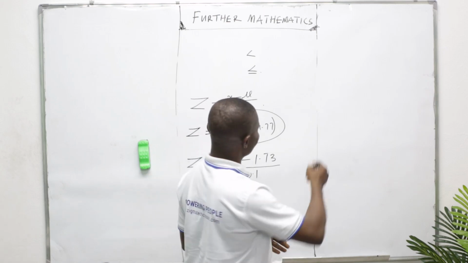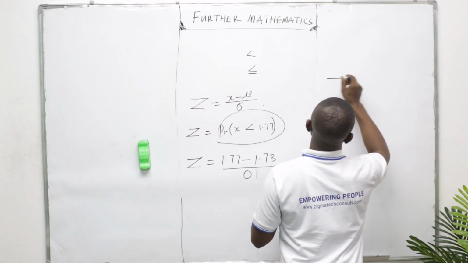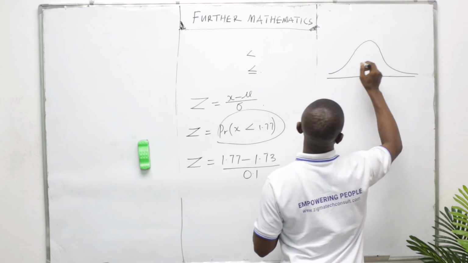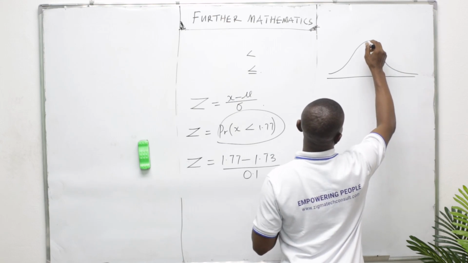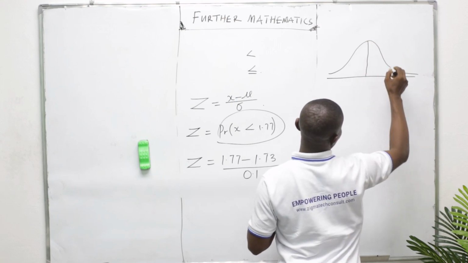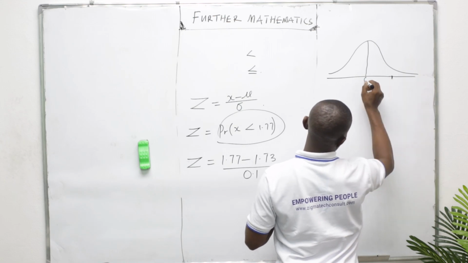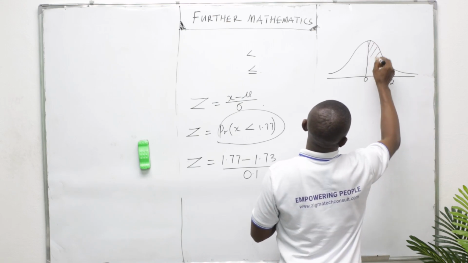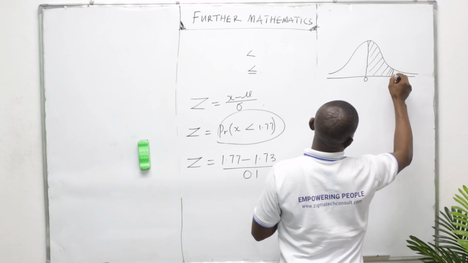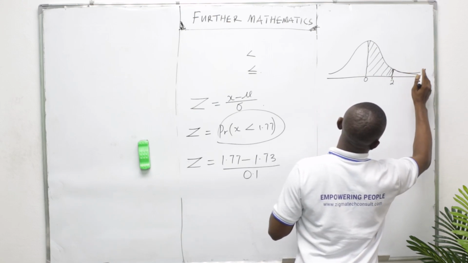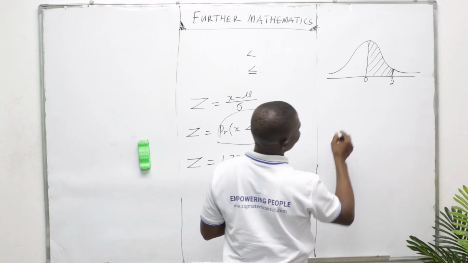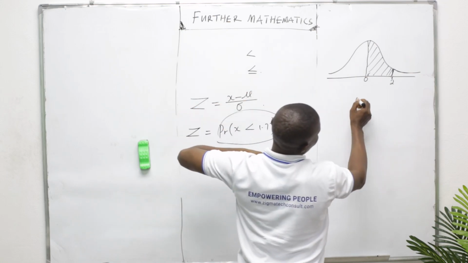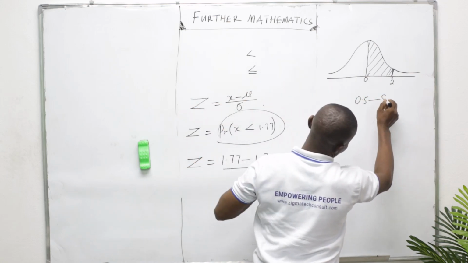Before we proceed, look at this sketch. If your solution is within this way, maybe you have a value here. You know, here is 0. If the solution is equal to 2, you then say that's the part not included, that's 0.5 minus the solution.